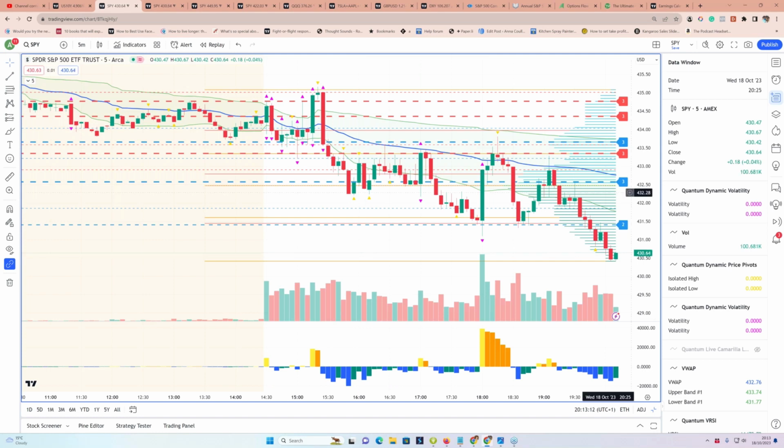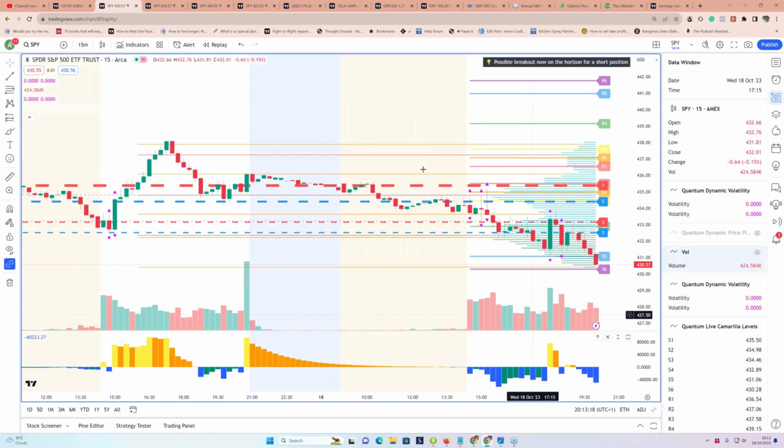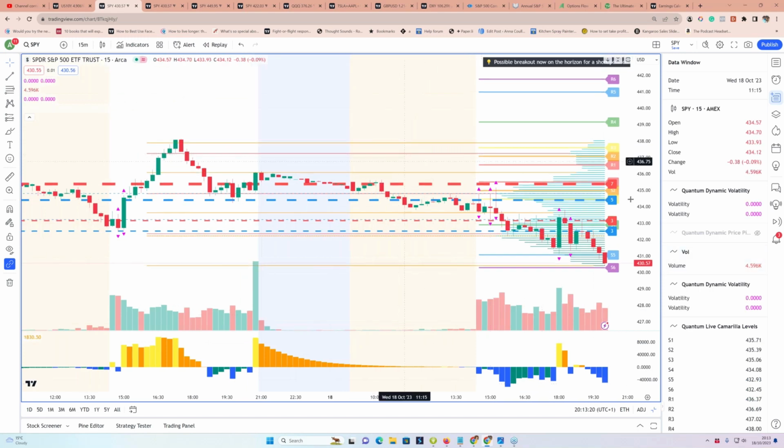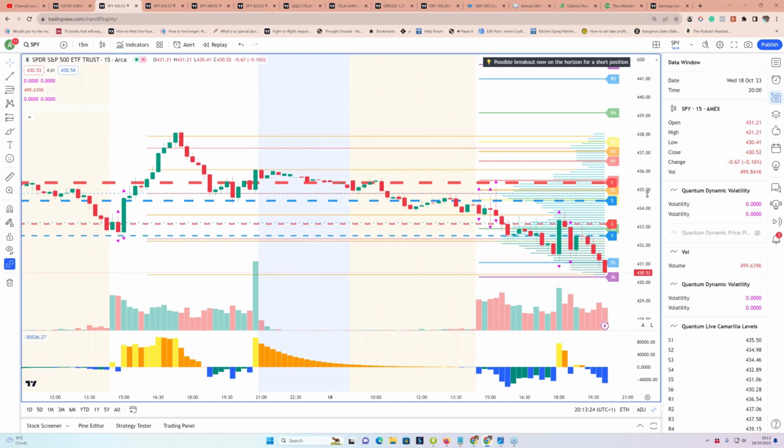I have the 5-minute chart, and I also have the 15-minute chart, because sometimes when the market is either quite volatile or it's not really moving very much, you can toggle between the 5 and the 15.